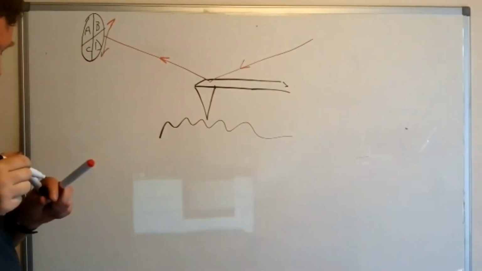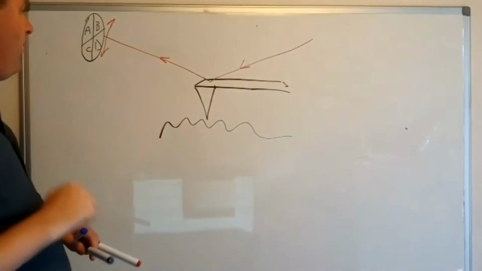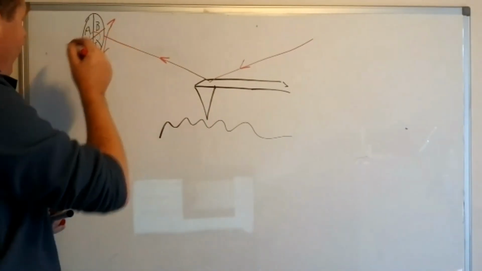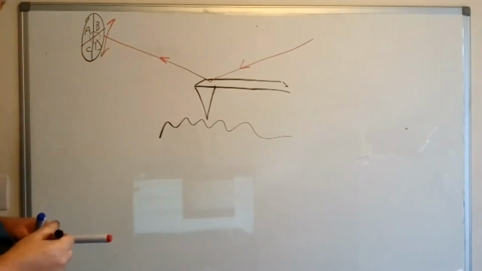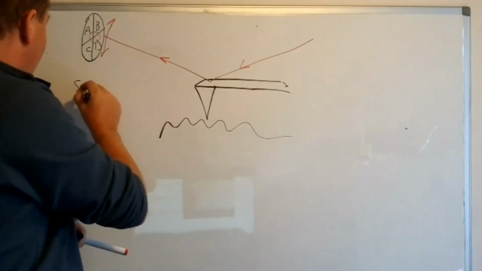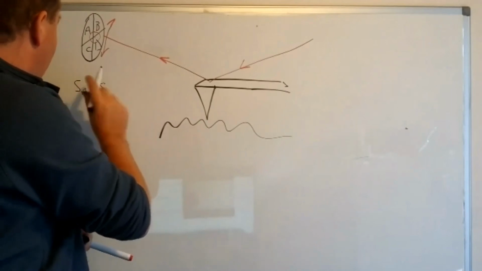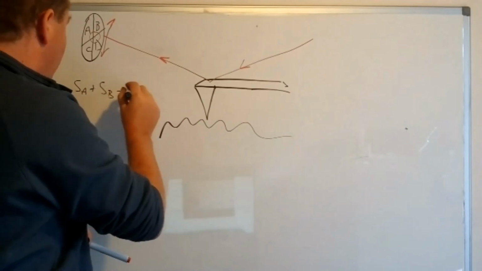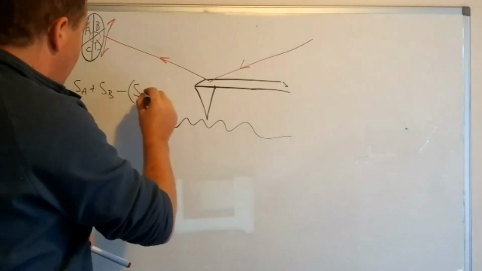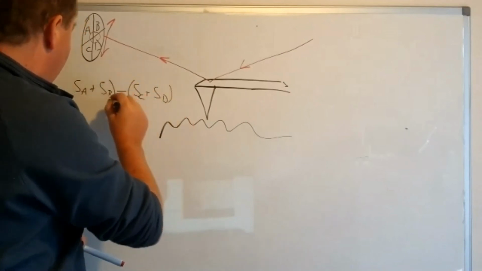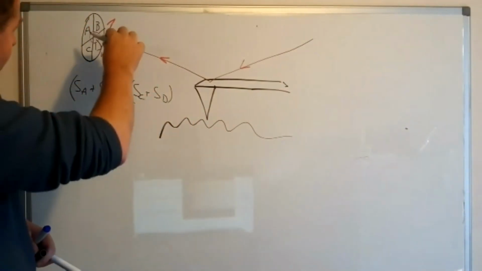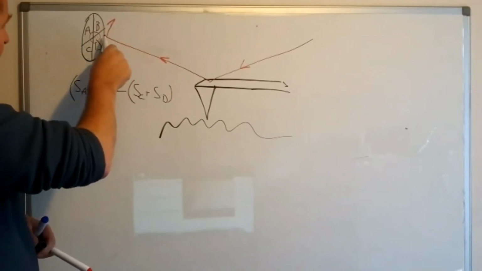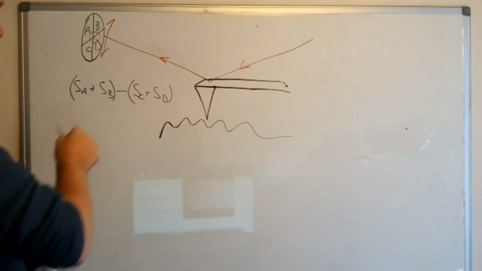And so we fix it so that when the cantilever is in a neutral position, that laser illuminates those 4 photodiodes equally. And then what we do is we look at the signal from A plus the signal from B minus the signal from C plus the signal from D. So if the laser is illuminating exactly evenly vertically, then the total signal on A and B will be the same as the total signal on C and D, and so that will give us a 0.